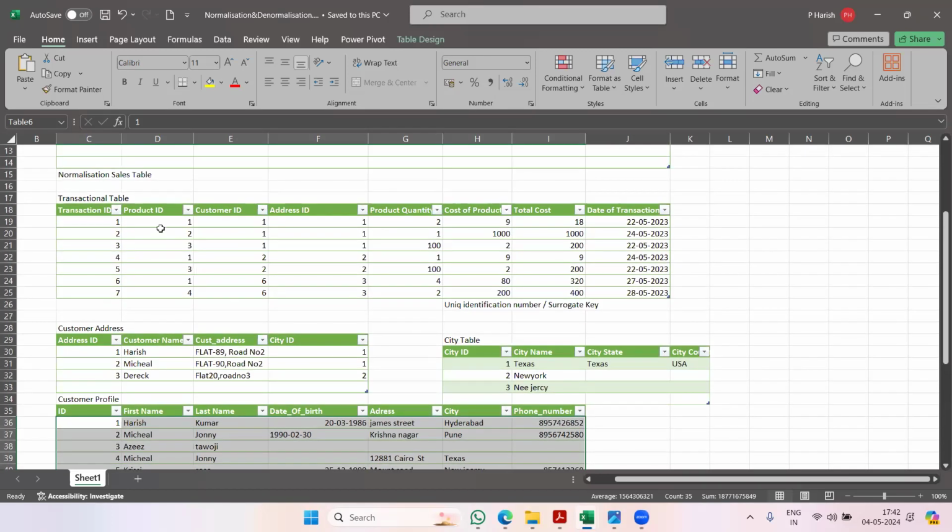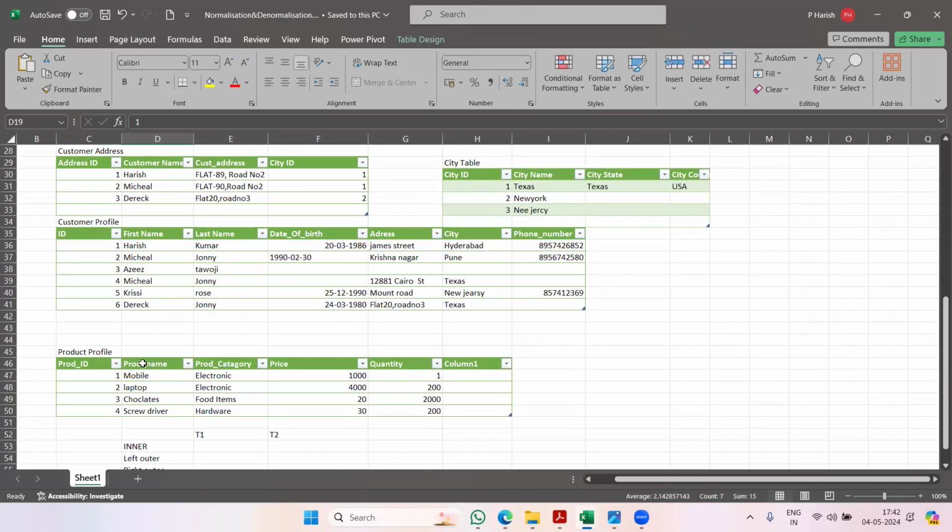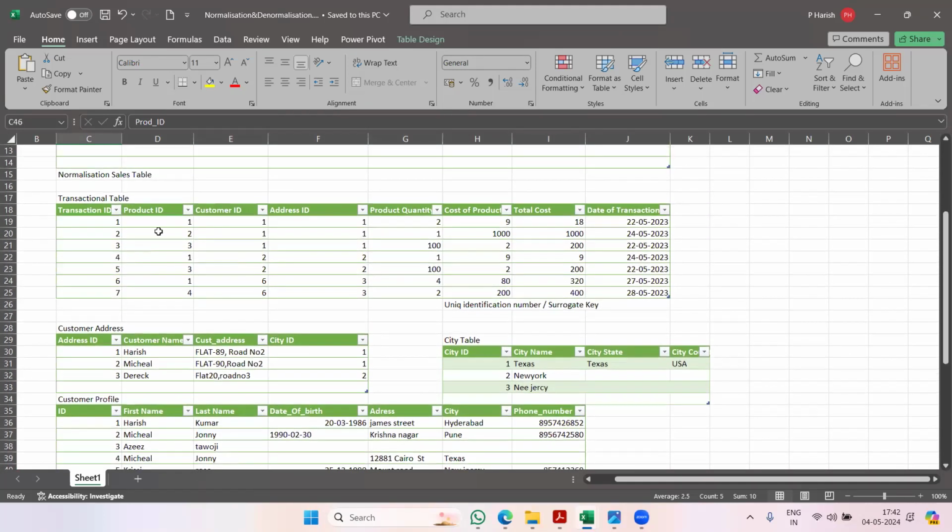Similarly, instead of every time writing the product name, I am going to store the product information in the product table, right? And I'm going to give a unique number for this one. So while storing this data in the transactions, I'm going to store only their reference information.